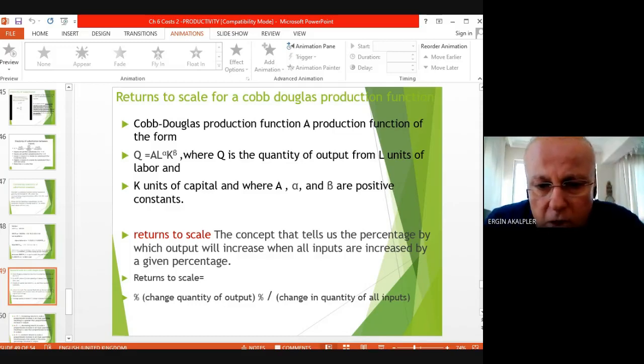Returns to scale tell us the percentage by which output will increase when all inputs are increased by a given percentage. It is the percentage change in the quantity of output divided by the percentage change in the quantity of input.